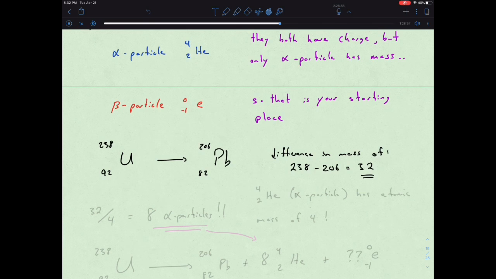And we know each helium atom or alpha particle has an atomic mass of 4.